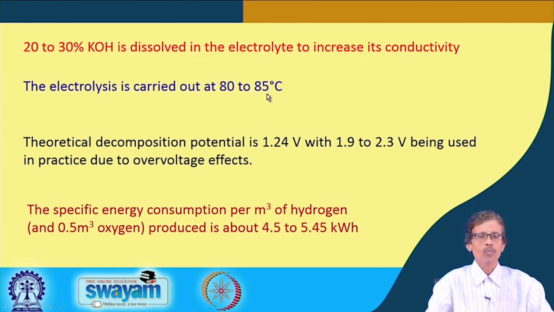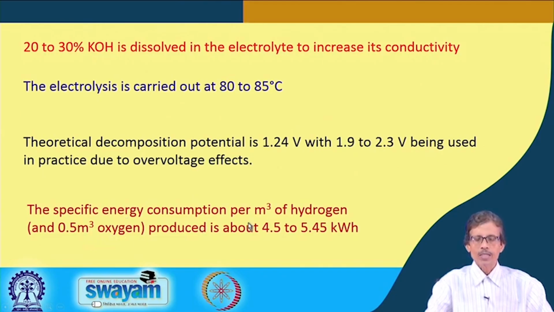The theoretical decomposition potential is 1.24 volt, with 1.9 to 2.3 volt being used in practice due to overvoltage effects. So, due to overvoltage we have to use a higher potential, 1.9 to 2.3 volt, for the electrolysis process.